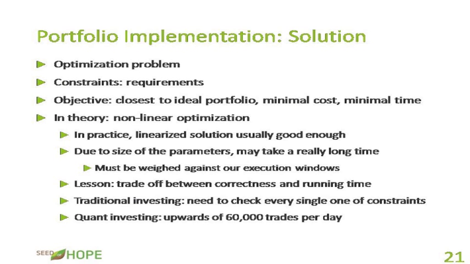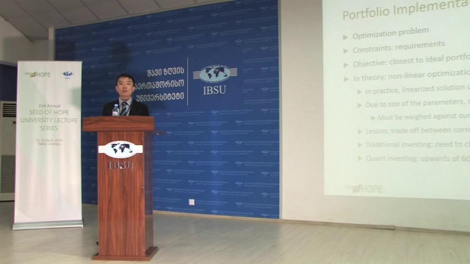You don't have to check your constraints. Why? Because your constraints are baked into the requirements. The trades that violate your constraints will never be generated to begin with. Right? Just an anecdotal example: in the quant investing world, we can handle upwards of 60,000 trades per day. There's no way a fundamental manager can do this much volume.